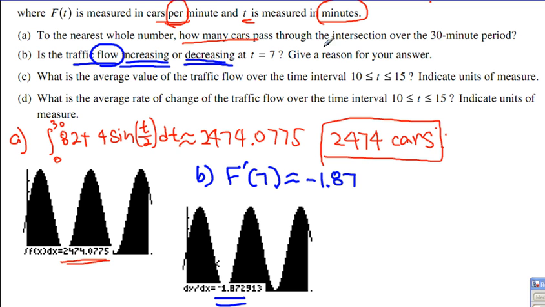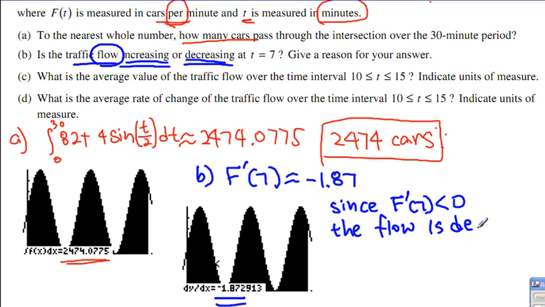Now, give a reasoning for your answer. Since f prime of 7 is negative, as you can see over here, the flow is decreasing. All right, there it goes.